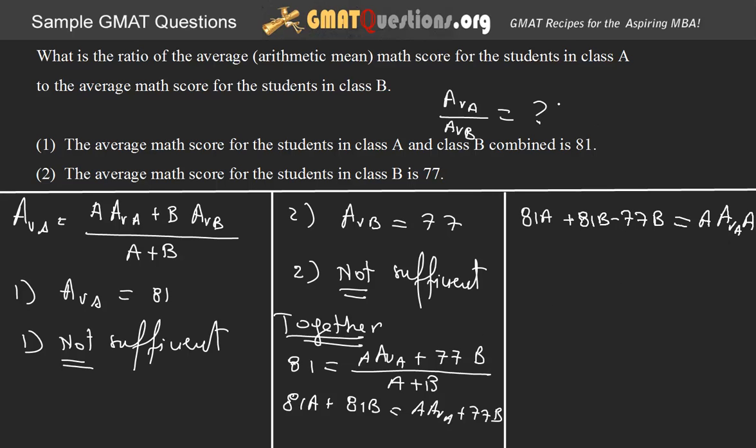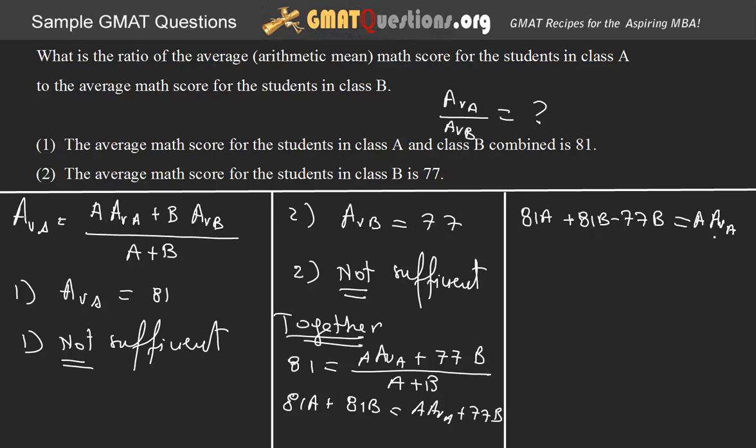I hope you can see this. Let me write it smaller to make sure you can see it. It's going to be A times AVA. As you can see, we were able to isolate AVA times something. But the 77B, remember, 77 is AVB. We cannot just have a multiplication here. We have some other addition here, plus and minus.